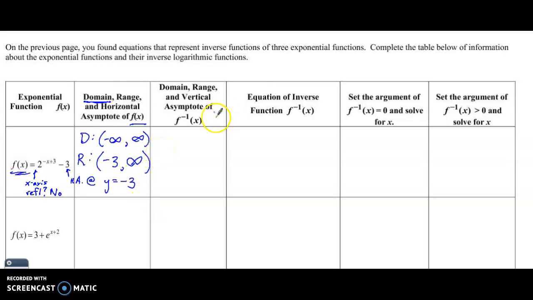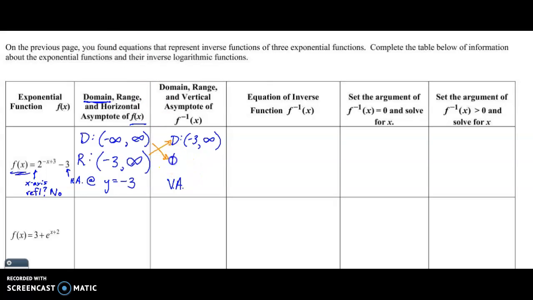So to answer for the inverse, just remember that the inverse, the domain becomes the range, and the range becomes the domain. So it makes sense that if we're above the horizontal asymptote, we're going to be to the right of the vertical asymptote. And maybe I'll even jot down the note. The range becomes the domain, and the domain becomes the range.